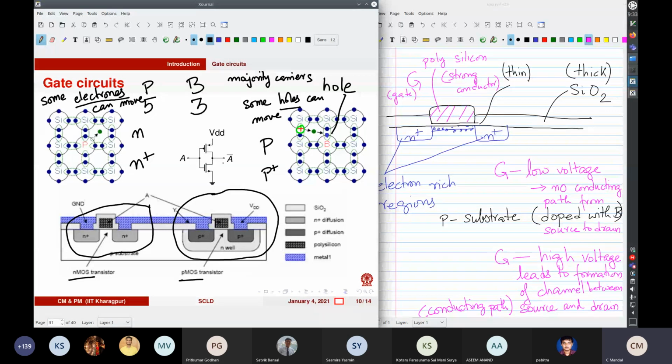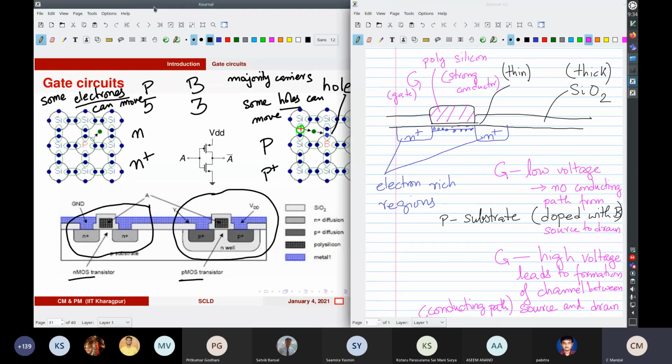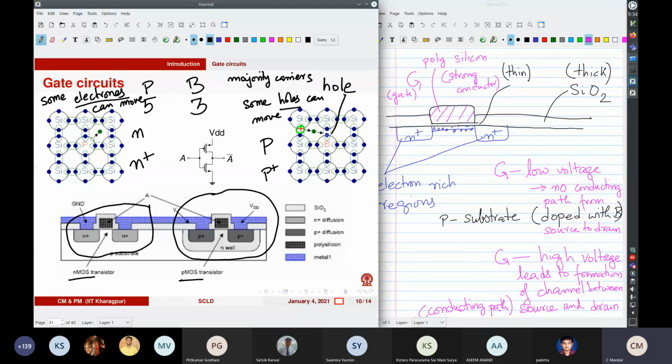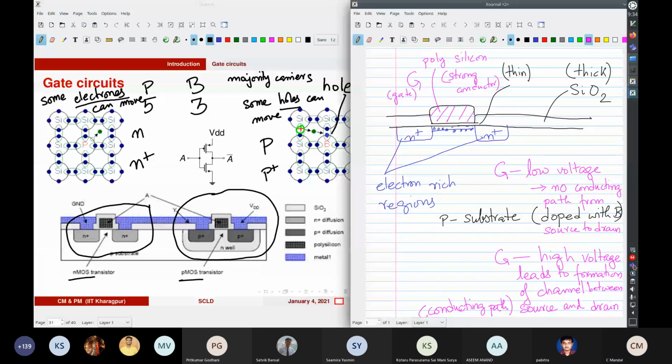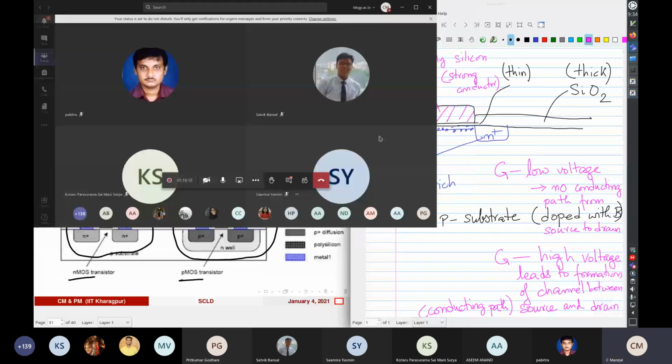Is this explanation okay? I mean, you must have studied this earlier. Any questions about the working of N and P-type transistors that was just given? Any questions?